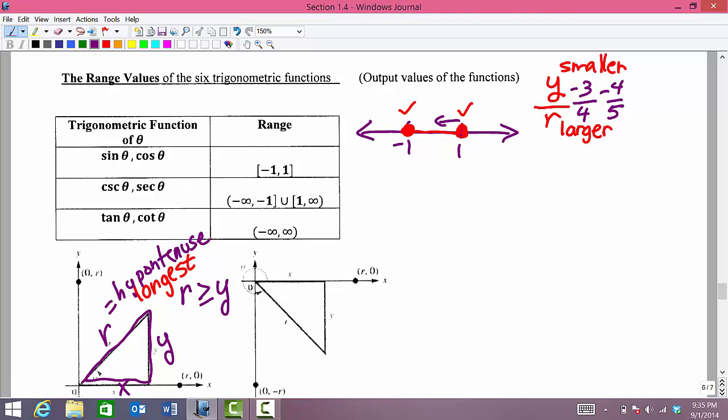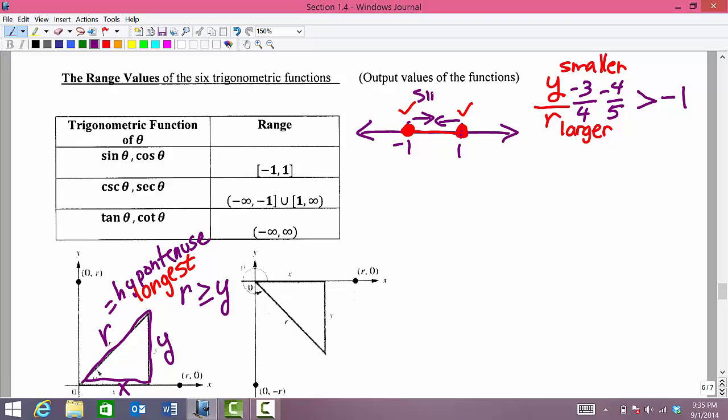Well, these values here would both be larger than -1. So if y is negative, then I would have to be larger than -1. So the smallest value that I could have would be -1. The largest value I would have is +1, and anything in between could potentially be a value for sine.